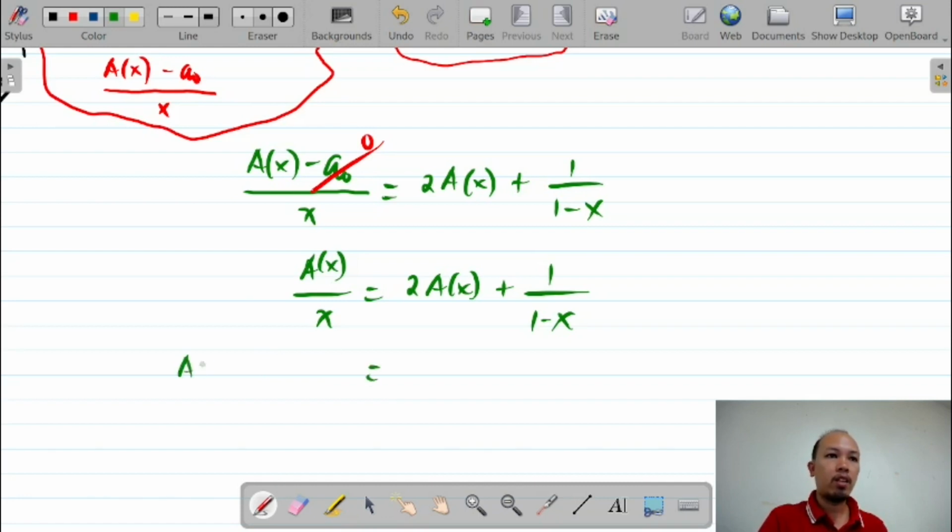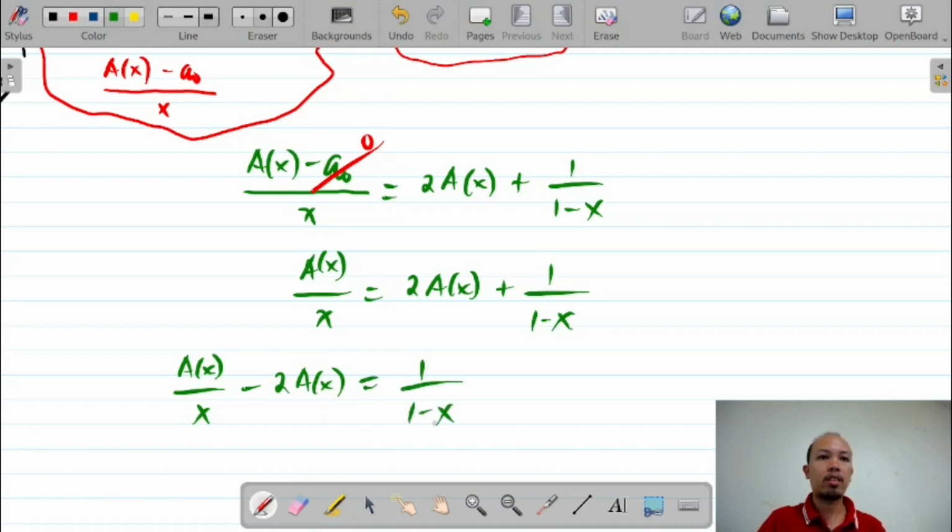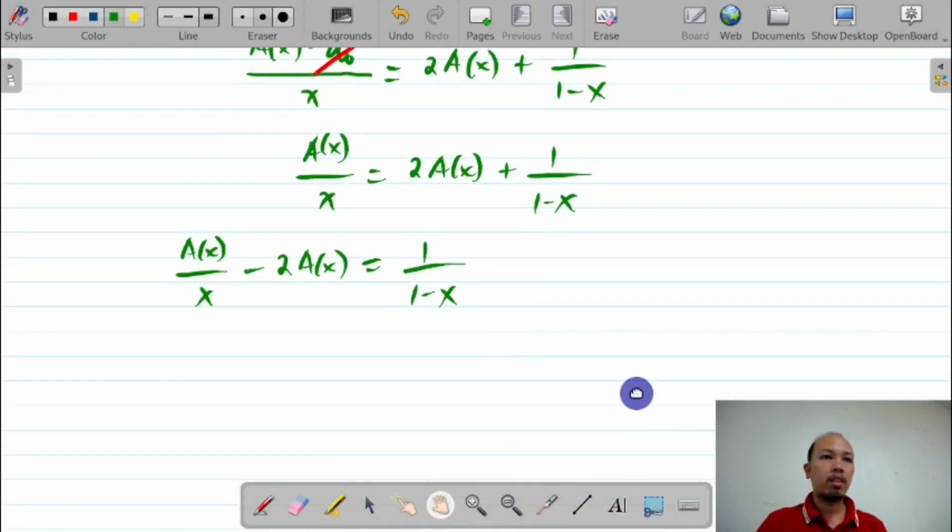This is a of x over x minus 2a of x is equal to 1 over 1 minus x.